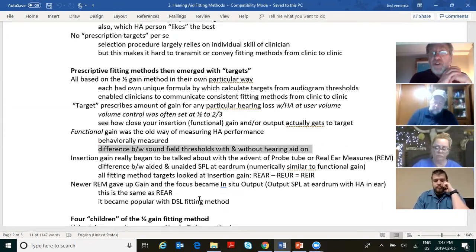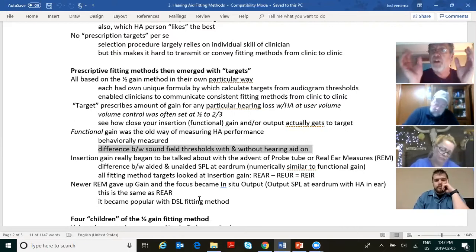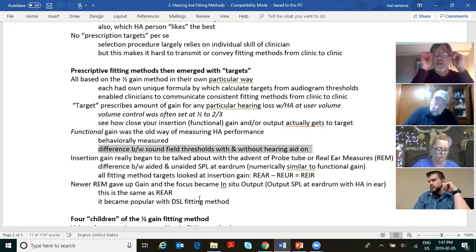They took the thresholds that you found under headphones, and then they put the hearing aid on in a sound field in front of the speaker and looked to get half gain. Okay, and that's because the speakers and the headphones were calibrated to be equal, and everybody had a sound field system in their clinic, and that's just how you did it.